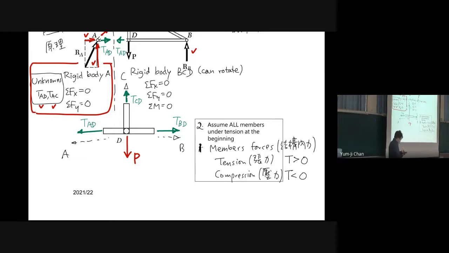At the beginning of calculation, we assume all members are under tension. I will show examples to you, and all members are assumed to be under tension at the beginning.